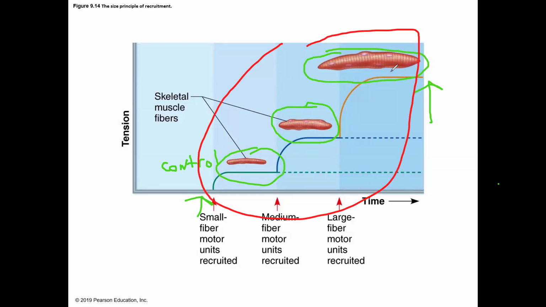So another way to get maximum tension out of a muscle, besides increasing the frequency of neurotransmitter release, is to incorporate all the motor units in contraction. And again, the first motor units called into play by your nervous system are the small ones, then the mid-sized ones, until eventually all of them, including the large ones.